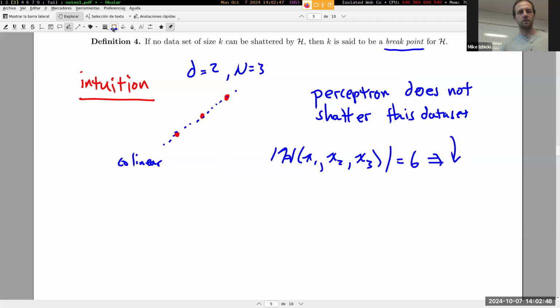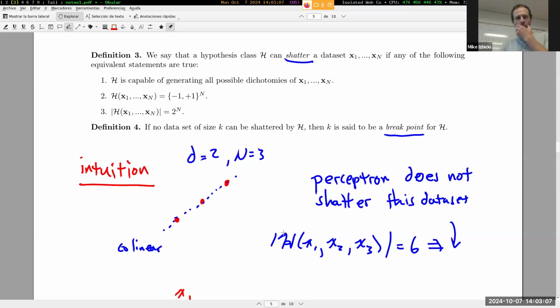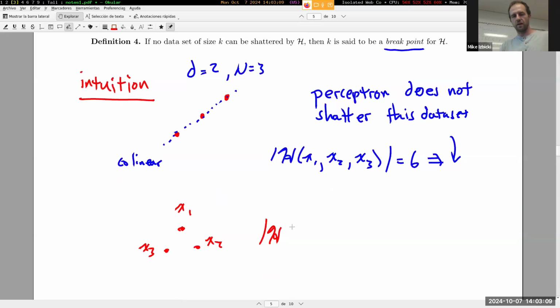The next data set that we saw was the triangle, x1, x2, x3. Here we saw that the size of this dichotomy set was 8, meaning that we can get all of the possible labelings of x1, x2, and x3.